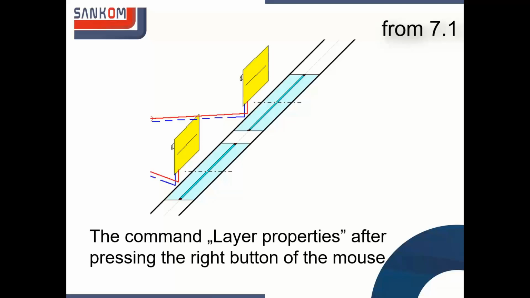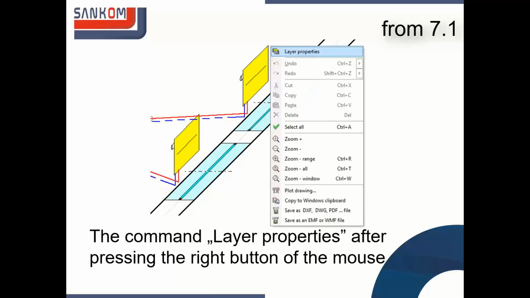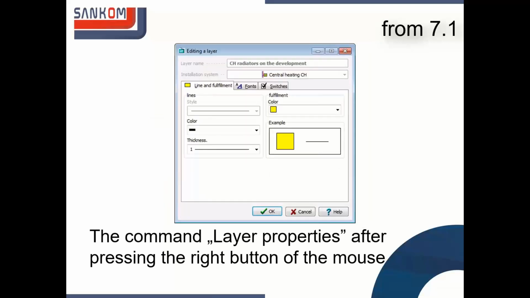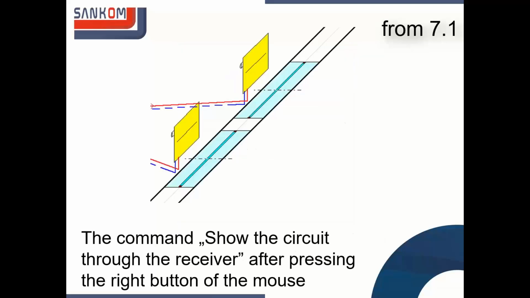Much easier nowadays is to right-click it, and then under right-click, you've got this command, layer properties, and it opens the layer already on the appropriate layer, the layer that depends on the element that you have just clicked, so it's an easier access.